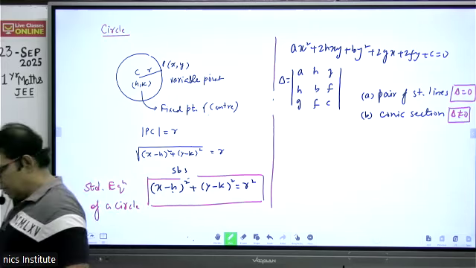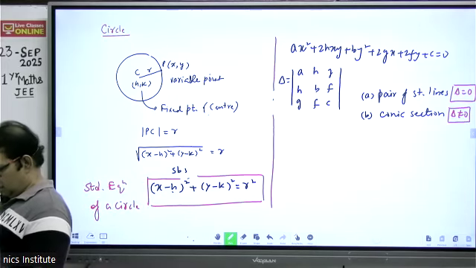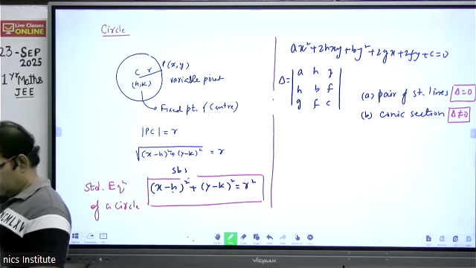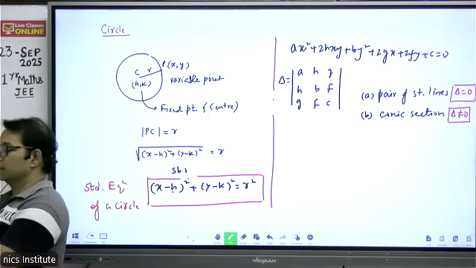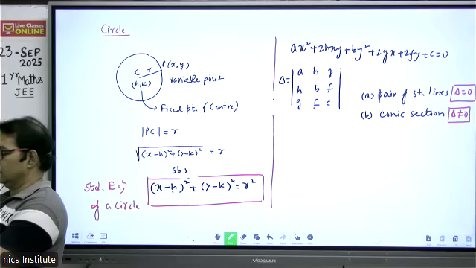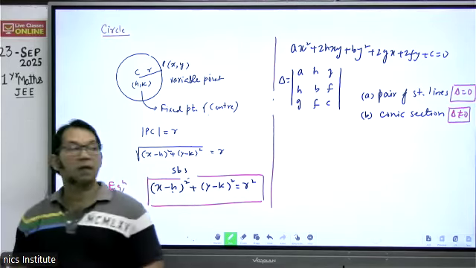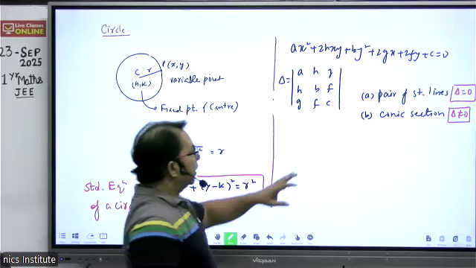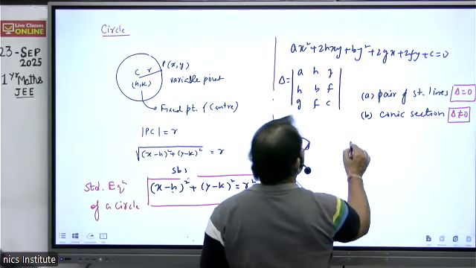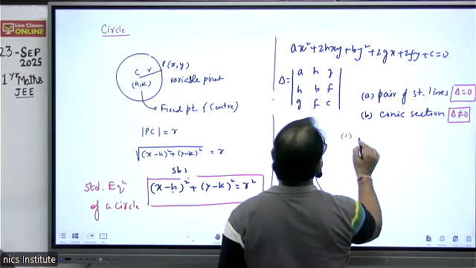Value of delta decides whether it's a pair of straight line or a conic section. ठीक है?